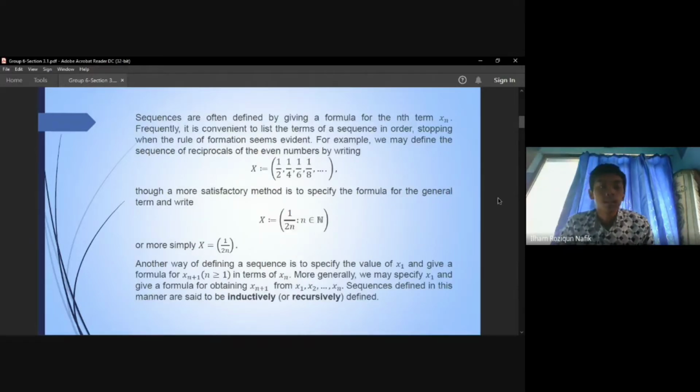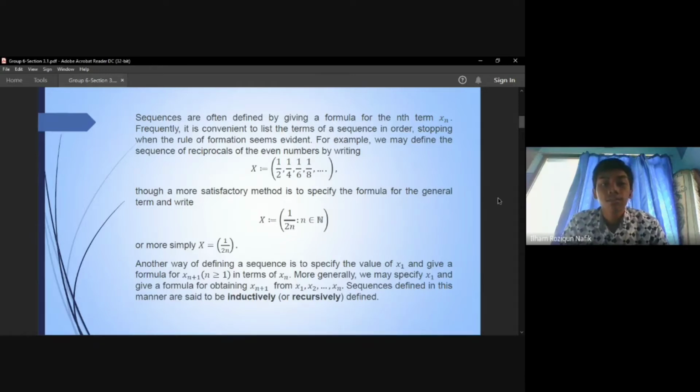Sequences are often defined by giving a formula for the nth term xn. Frequently, it is convenient to list the terms of a sequence in order, stopping when the rule of formation seems evident. For example, we may define the sequence of reciprocals of the even numbers by writing X equals a half, a quarter, 1/6, 1/8, and so on.